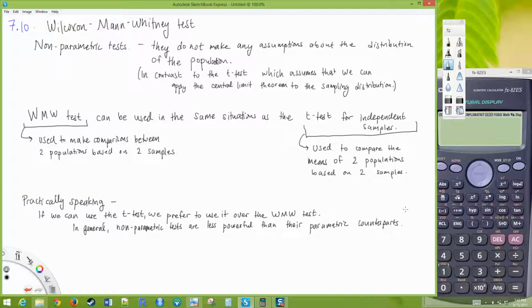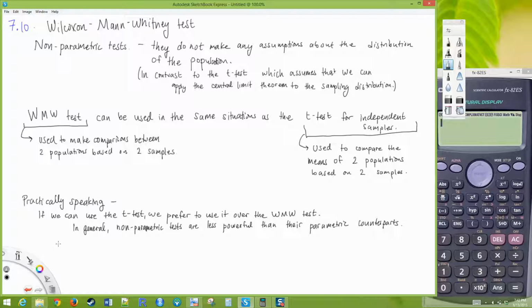Parametric tests, we put assumptions on the data, primarily the central limit theorem, and it makes our tests powerful. And that's good and all, as long as those assumptions are met. But if they're not met, using a parametric test in a situation where you should not use it can lead you to making the wrong decision. Okay? So anyway, if we can use the t-test, we prefer to use it.